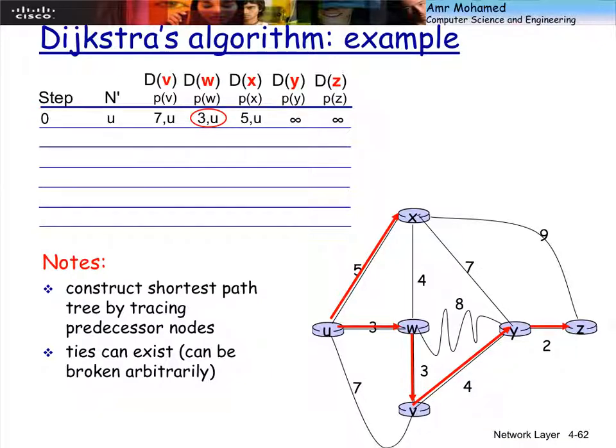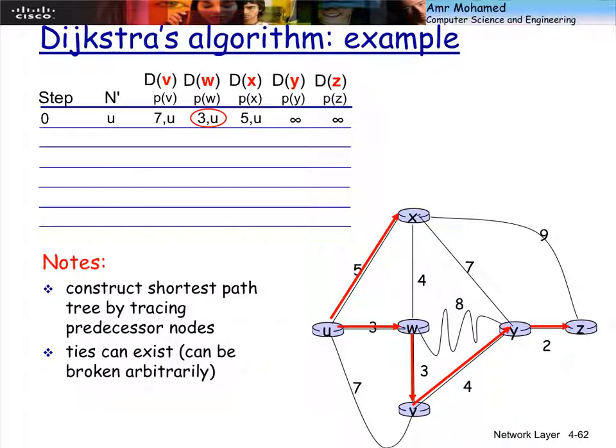So for this step, the predecessor is always U, right? The cost from U to X, for example, we know it's 5, and the predecessor is U. The cost for node V, where's V? Yeah, here. The cost for node V is 7. It's adjacent, and the predecessor is U.